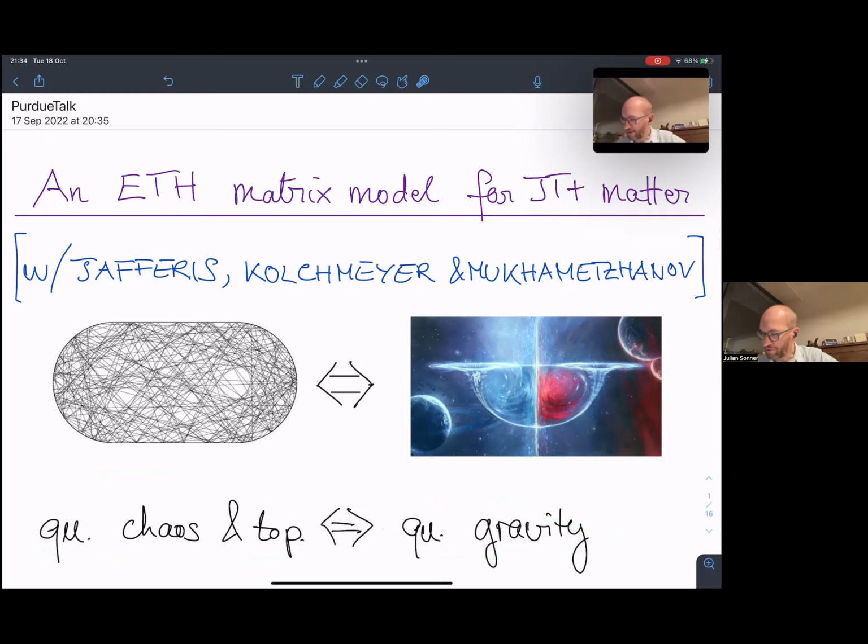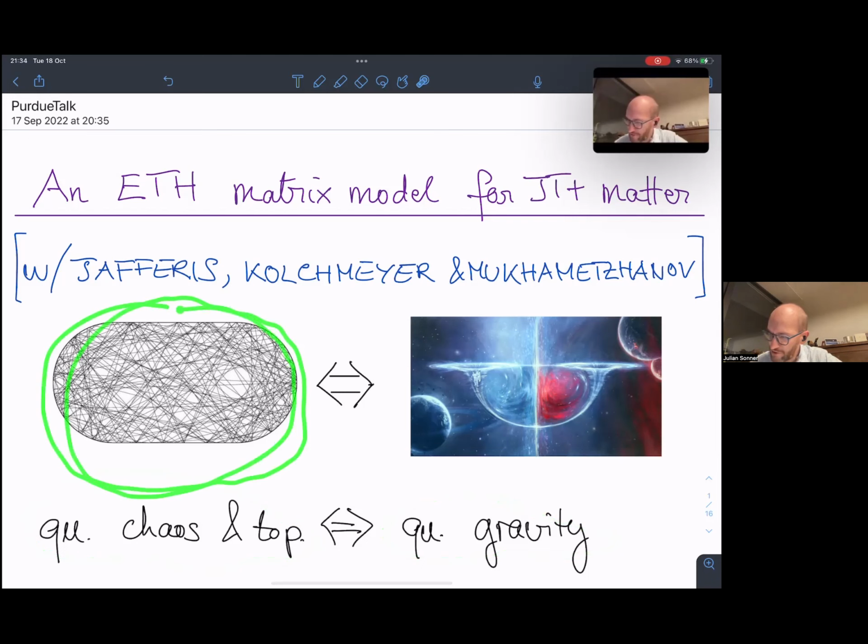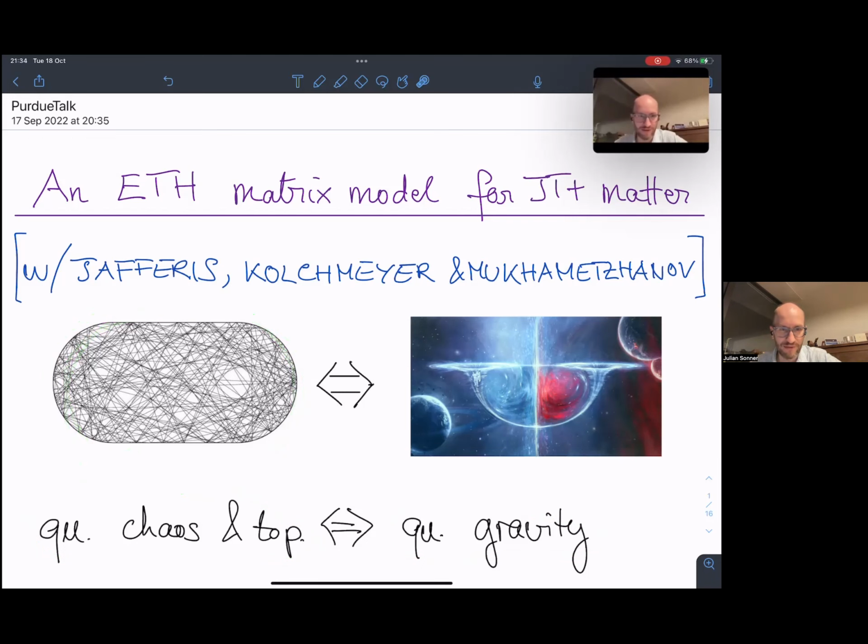I will tell you about the kind of quantum chaos signatures that we're interested in. Here I'm just very generally denoting quantum chaos by some chaotic billiards, and we'll see some chaotic trajectories. I will also tell you more about what the arena of quantum gravity is that we can talk about.